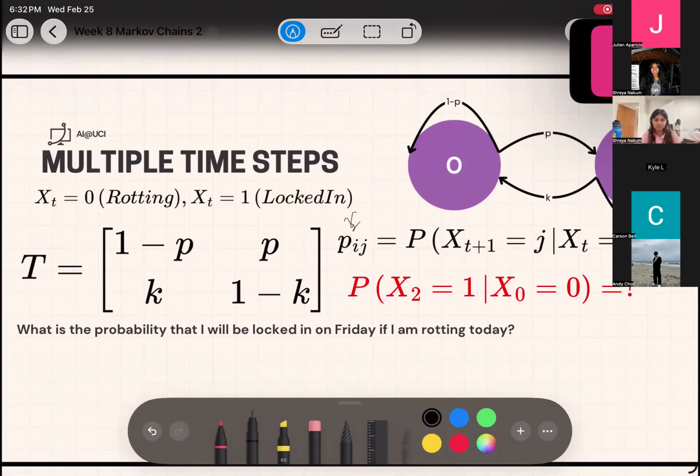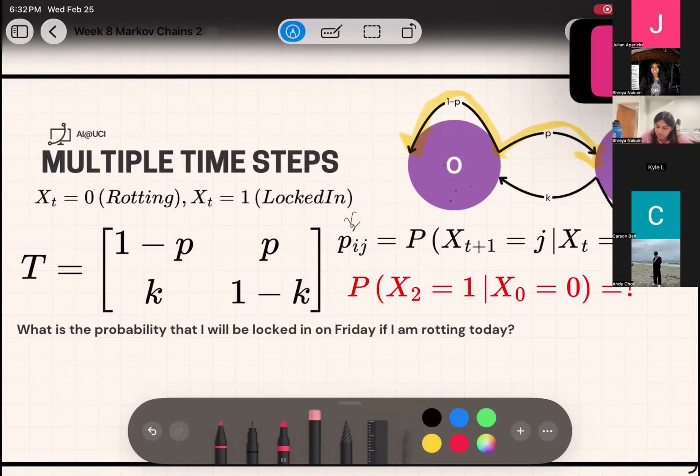So if I'm saying that at x0 I'm rotting, I'm here, and after some mysterious things I could have been here. But for sure, no matter what I did on that first day, I ended up, wait, my mistake. We started off locked in.